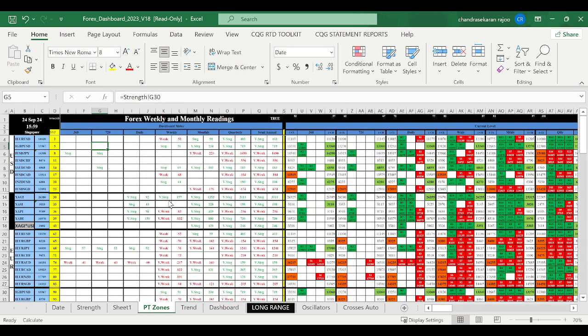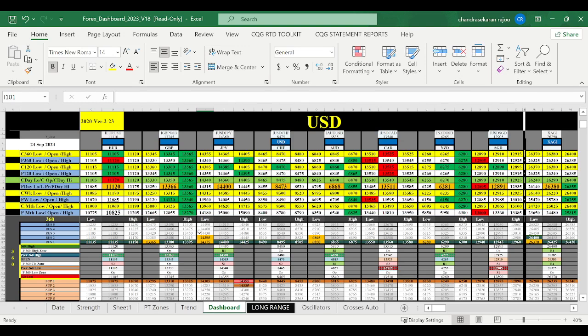So we'll try to sell this euro dollar. We want to sell near 11135 or 11155. This should be your selling level, and the stop loss is above the current week high, which is 11180.